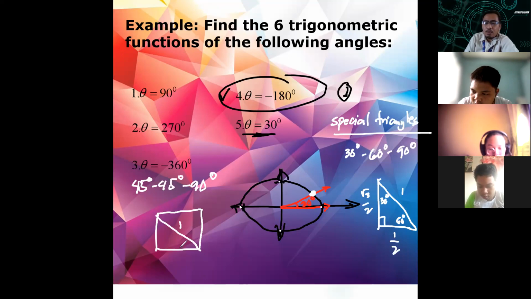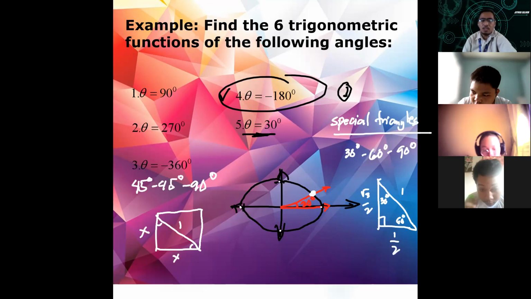If you separate the square into 2, the 90 degrees becomes 45 and 45. We don't know this side, so we let it be equal to x. And this is 1 because the diagonal is 1 unit, and that is the longest side.